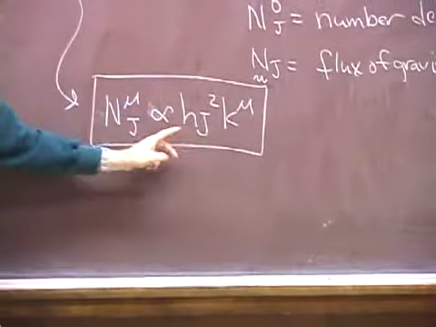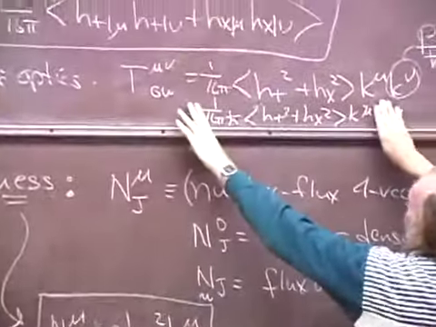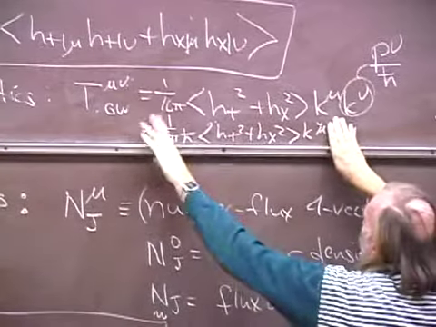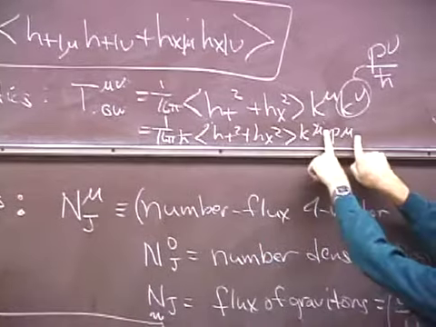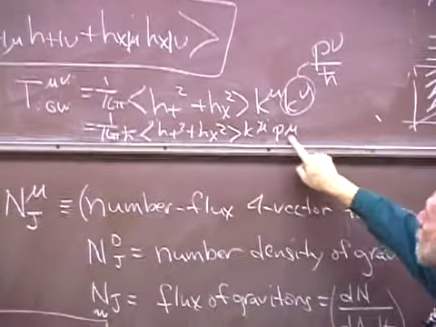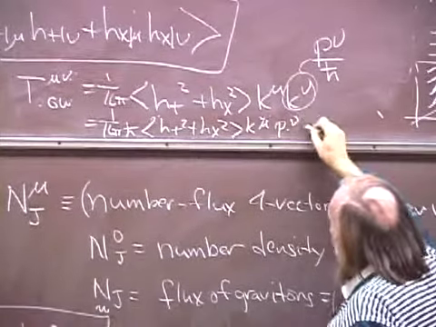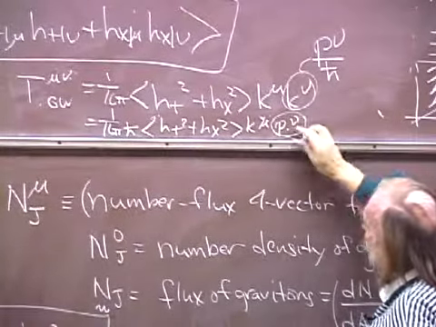And you see that, in fact, if you think about it, this is the number flux vector for the gravitons. That's the momentum of a single graviton, P nu. So a single graviton carries the four-momentum P nu.